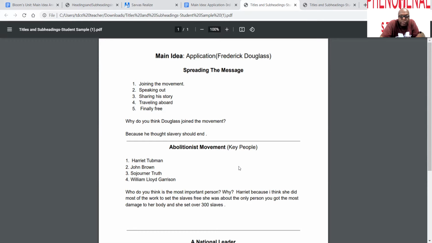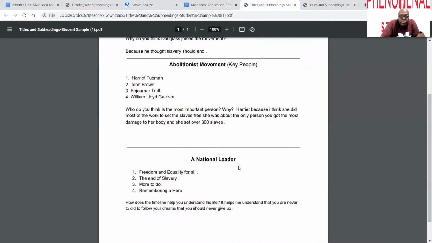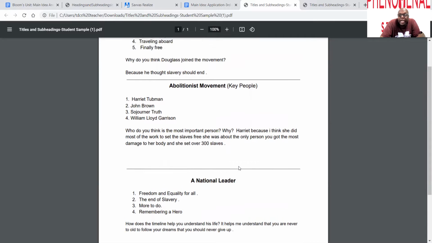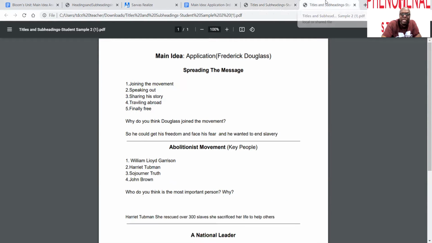She was about the only person who got the most damage to her body, and she still got over 300 slaves free. And then how does the timeline help you understand, it's like it helps you understand you're never too old to follow your dreams, that you should never give up. And it kind of helped her have a theme. Now, different kids might have different feelings, but that's good in a biography that kids develop themes from this person's life, especially from reading the timeline.